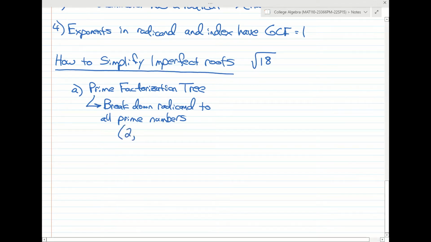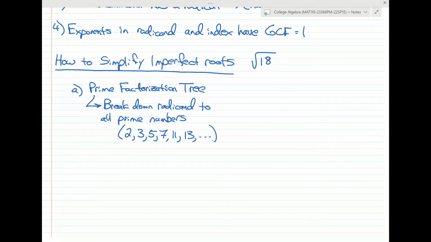Prime numbers start at 2. So 2, 3, 5, 7, 11, 13. You're not really going to have any prime numbers bigger than that. 1 is not a prime number. Most people would say 1 is a prime number. It's not. So the smallest prime number is 2.